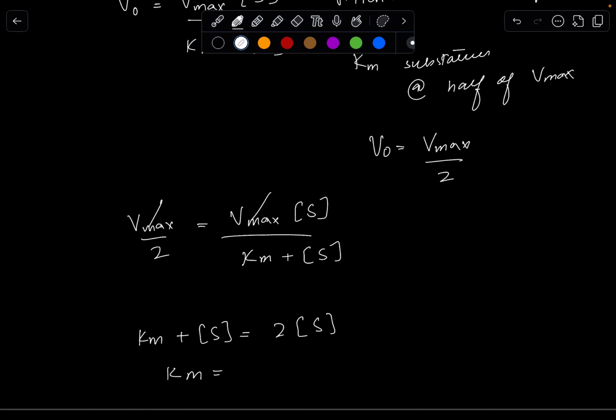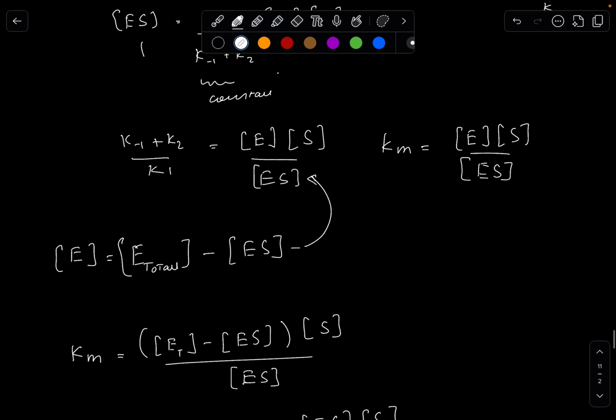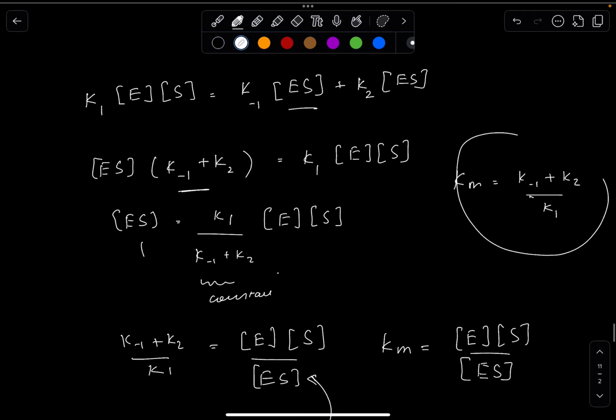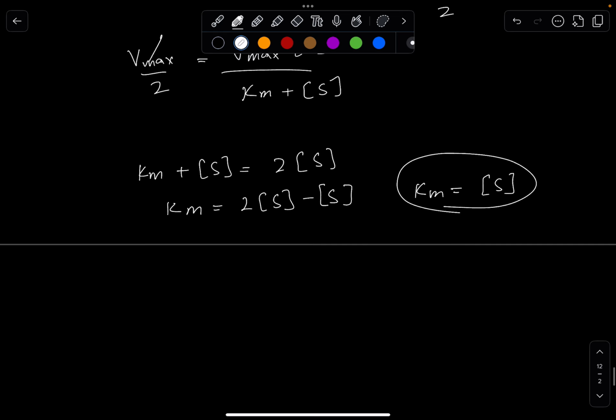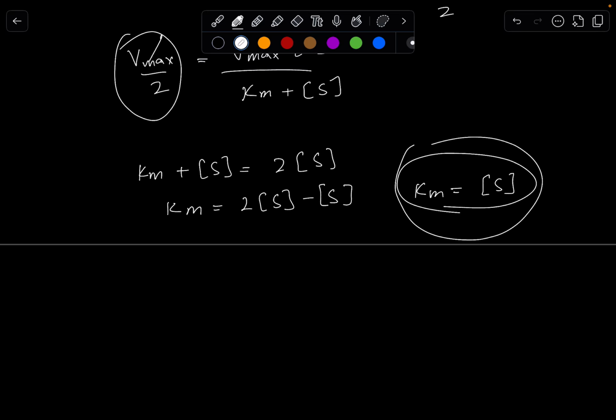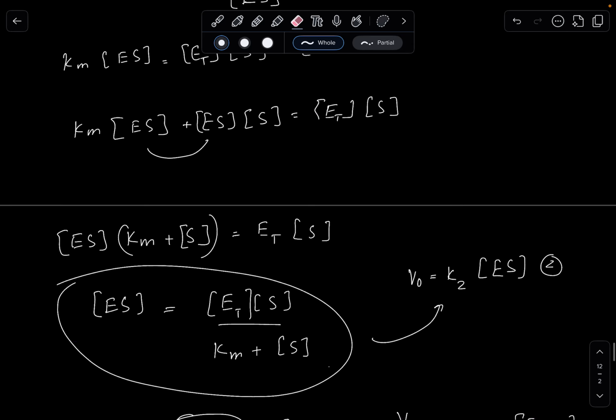Km equals 2S minus S. Km equals S. So this means that Km is essentially giving us, at half of Vmax, the substrate concentration. So if you read it off the y-axis, you should see what concentration is required for half of Vmax.